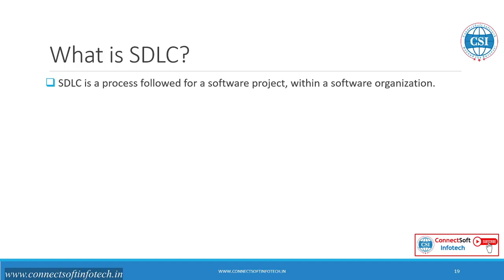The client or project manager identifies which model is suitable for the application. SDLC covers the different kinds of models available for the software industry to develop a software application or product.